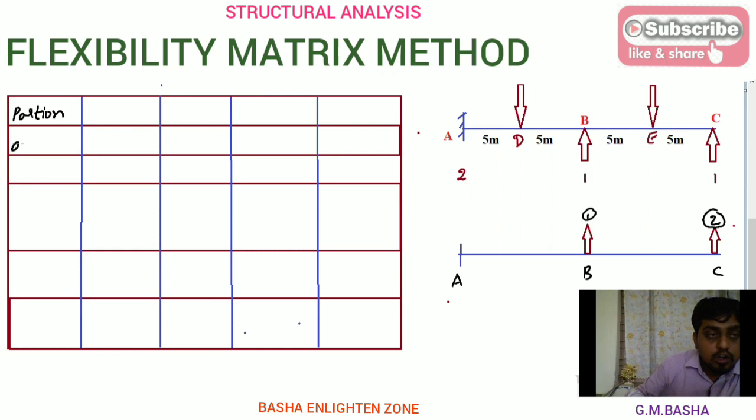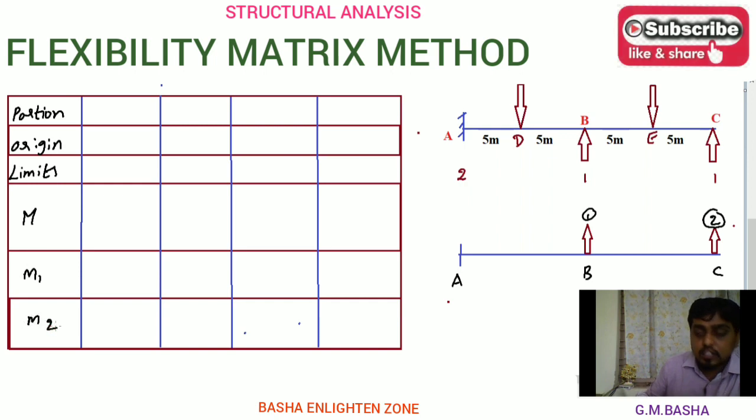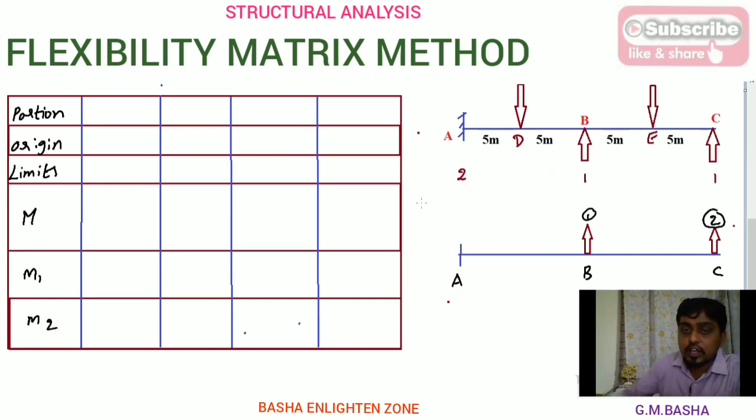Again this one has origin point, this one has limits, this one will be capital M, this one will be small m1, and this one will be small m2.